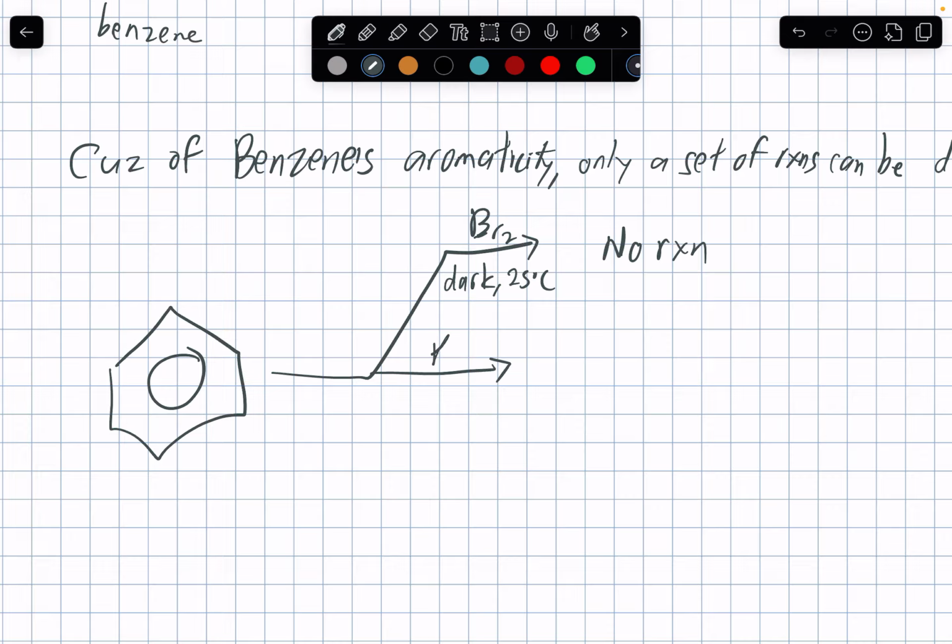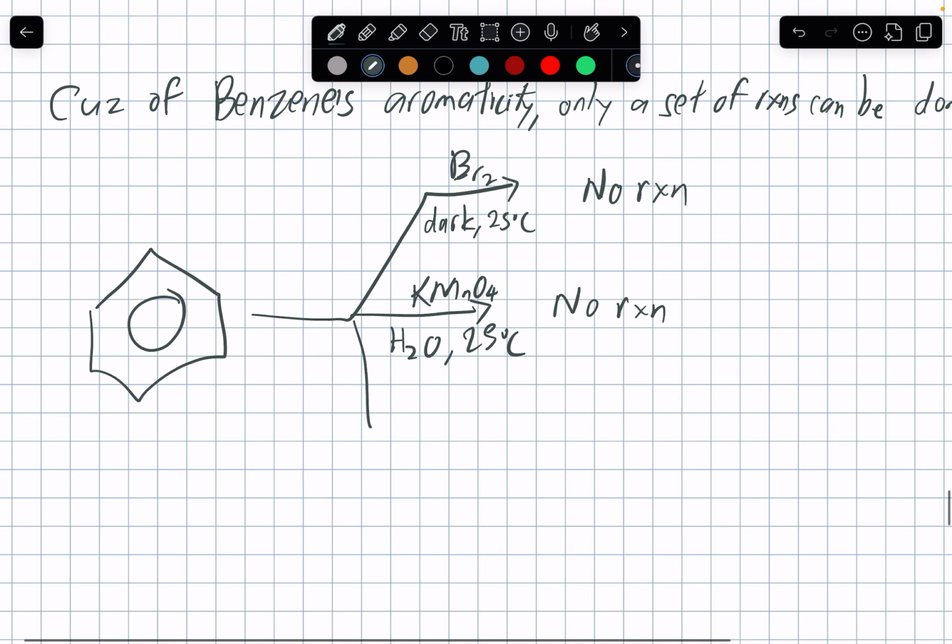What if we add KMnO4? Usually this is done when you want to oxidize. So involving water at 25 degrees Celsius, there is no reaction, no oxidation happening. What if we add ozone, H3O+, and H2O in the presence of heat?